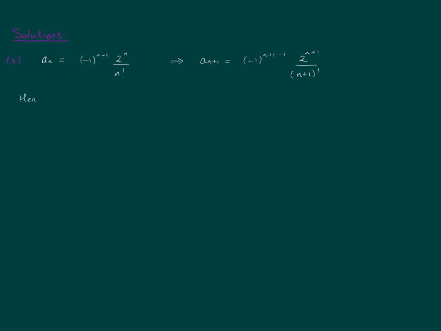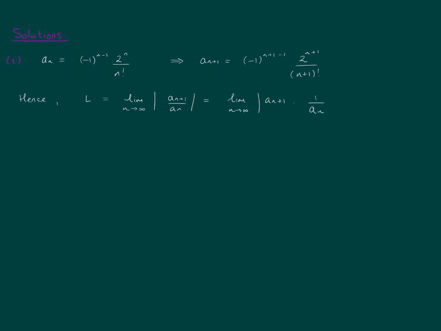Hence, remember we want to look at this limit L, so the limit as n goes to infinity of the absolute value of a_(n+1) over a_n. Now if I want to look at dividing by a_n, I can look at multiplying by it flipped. So the limit as n goes to infinity of the absolute value of a_(n+1) times 1 over a_n.